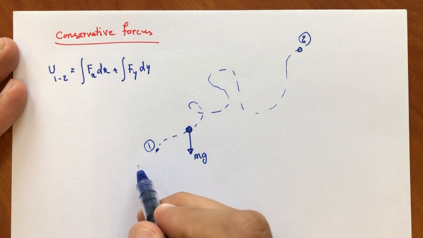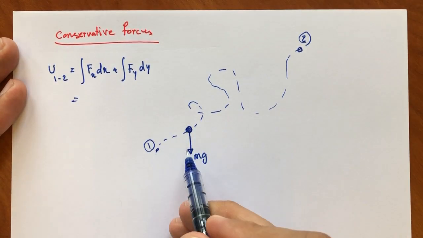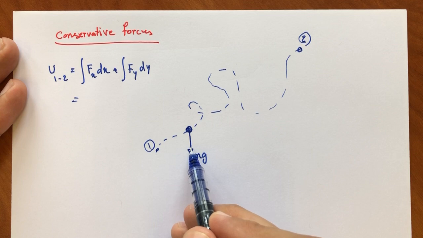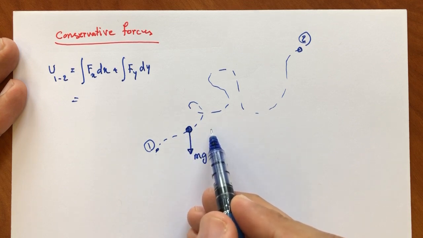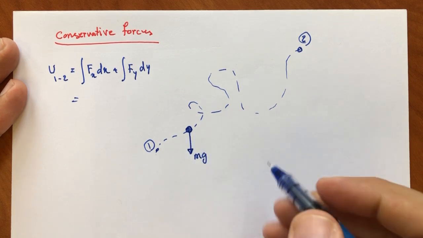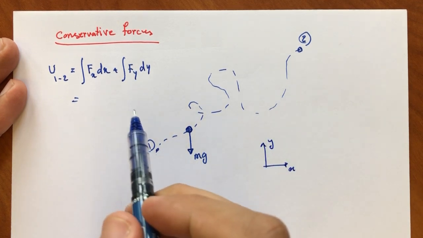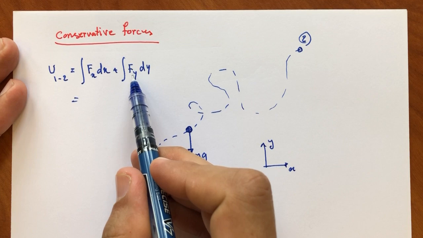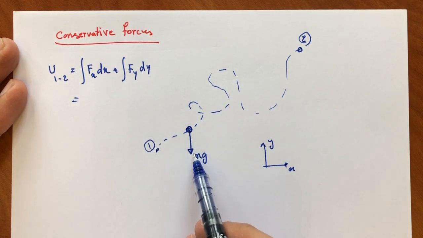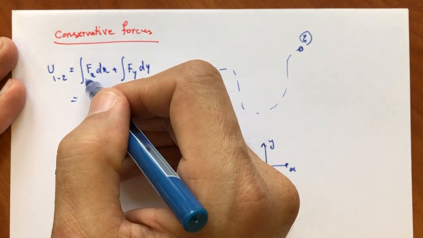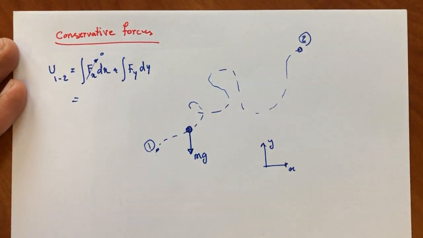And the x component of the gravitational force is 0. It doesn't have any component in the x direction. This is x and this is y. And also the y component of the force is going to be negative mg. So fx is 0 and fy is negative mg.